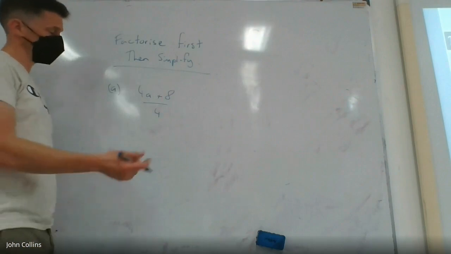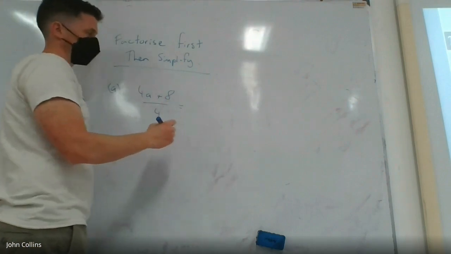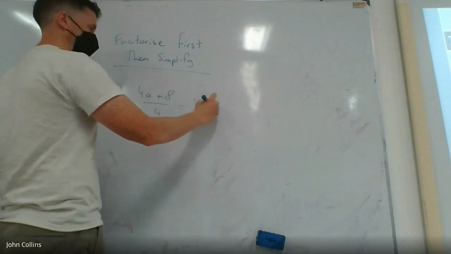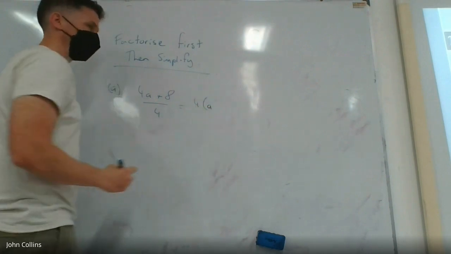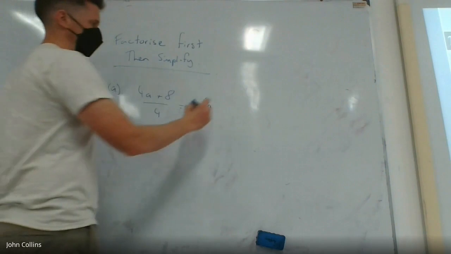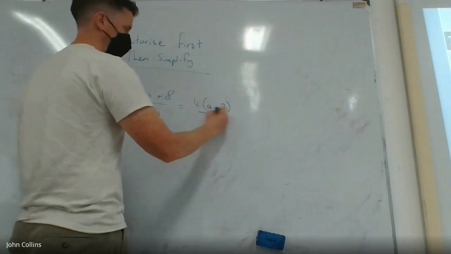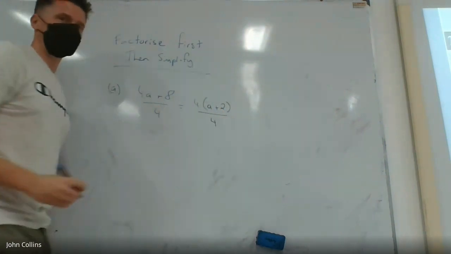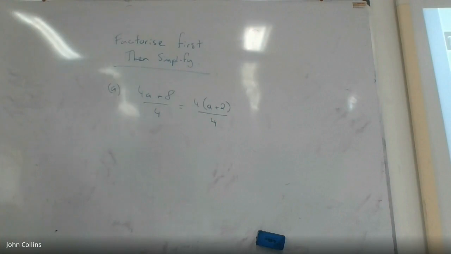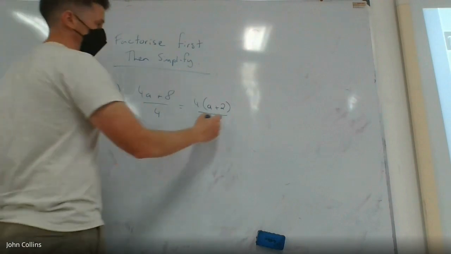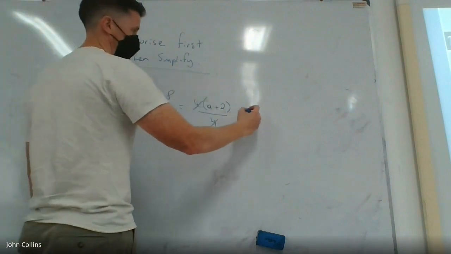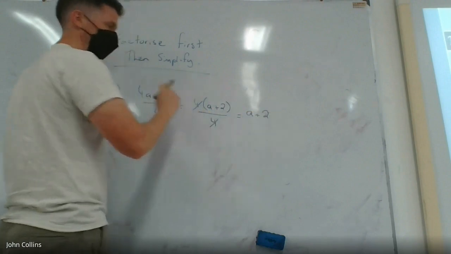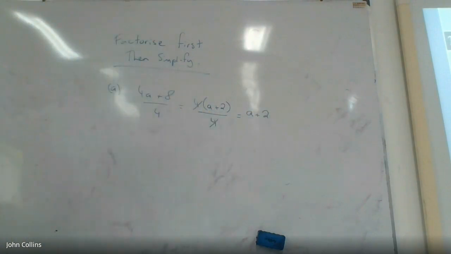Yeah, 2 does work, but 4 is better, the highest common factor. So we take 4 out and we're left with a plus 2, all divided by 4. And that's factorized first. Then we simplify a plus 2. 4 into 4, it's the same thing. Dividing by 4, multiplying by 4. It's the first one done.